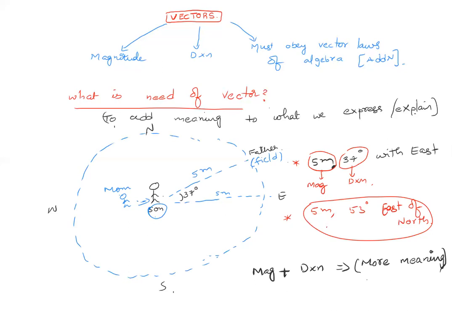I am moving ahead. Next is representation of vector. How you do it, I will tell you. For representation of vector, there are a lot of ways. For now I will discuss.